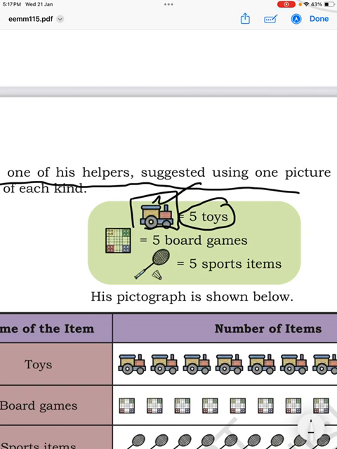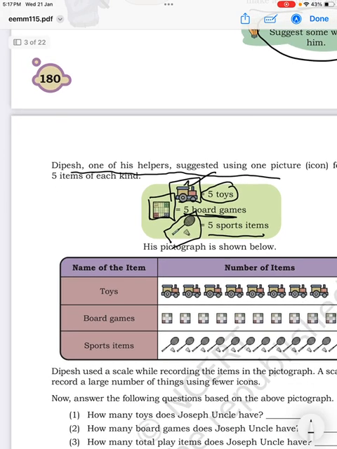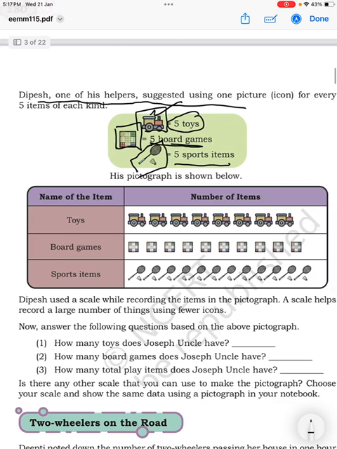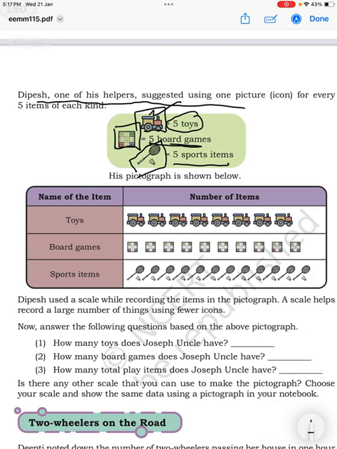This symbol states that there are 5 toys. This picture states that there are 5 board games, and the symbol of this racket shows there are 5 sports items. So in this way you can see here he finally made the data like toys.